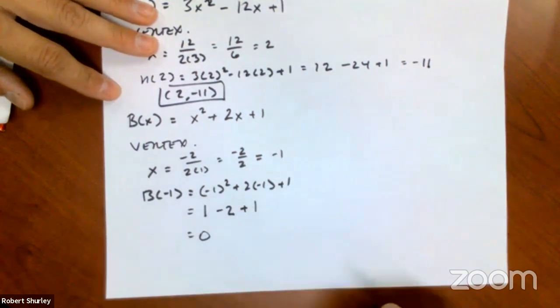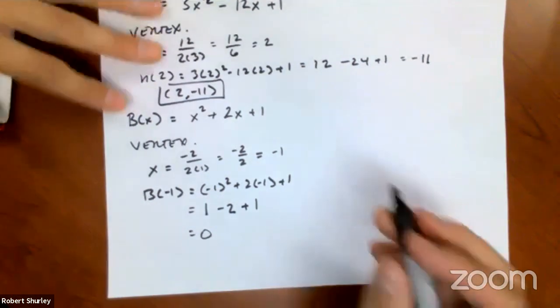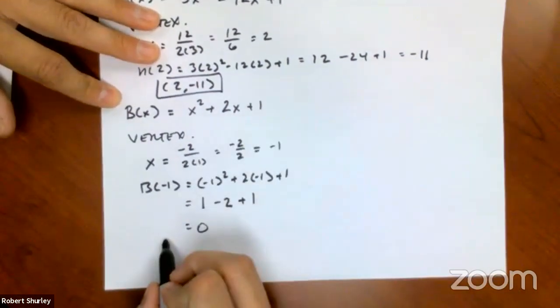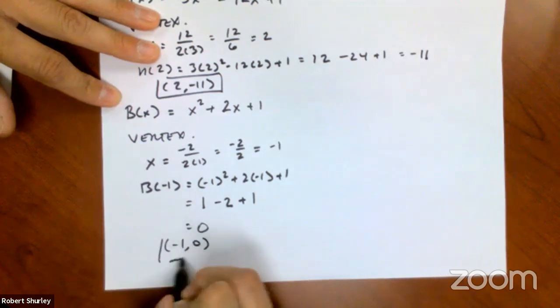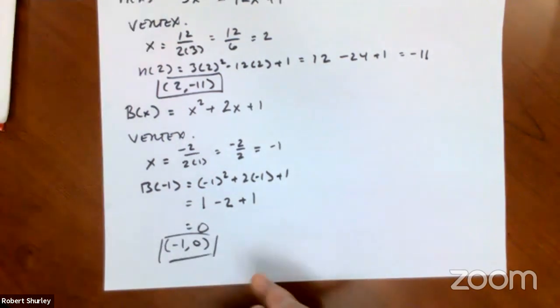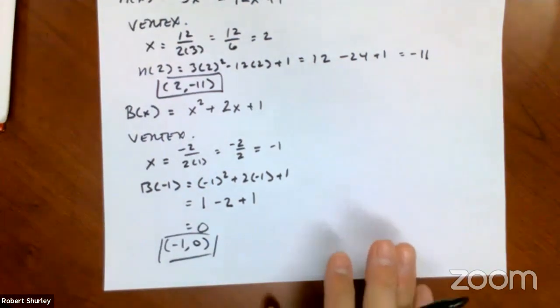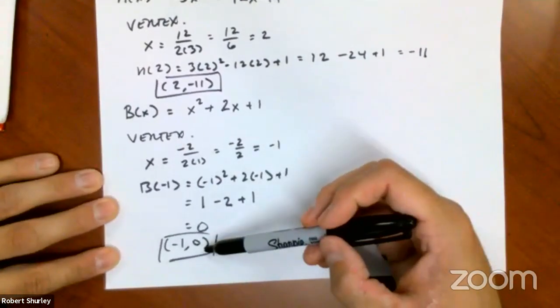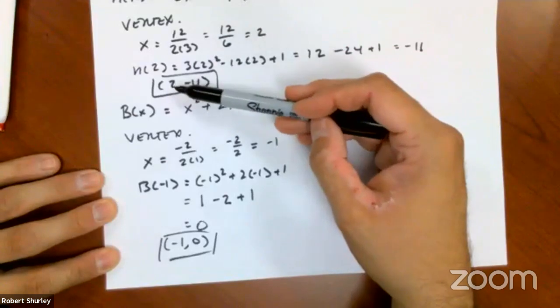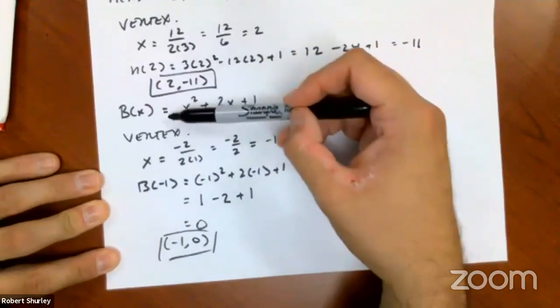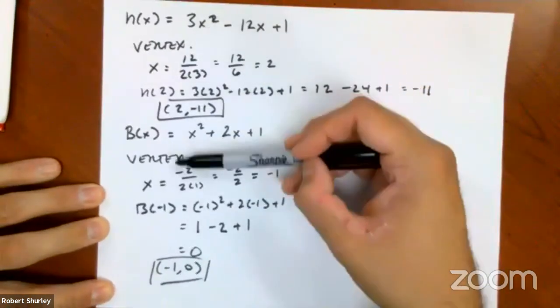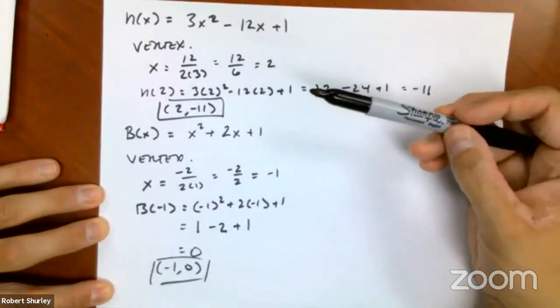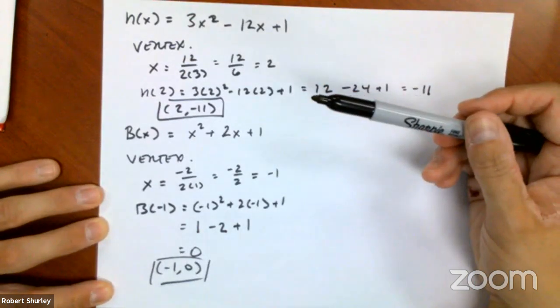Hey, this is 0. That's fine. So we get a vertex of negative 1, 0. So it's just sitting on the x-axis, right? This is sitting on the x-axis, and that's not a big deal, but it is. Now, I'll tell you though, for both these, this vertex is going to be the minimum, right? Because the a values are both positive. Okay, no big deal. Questions?